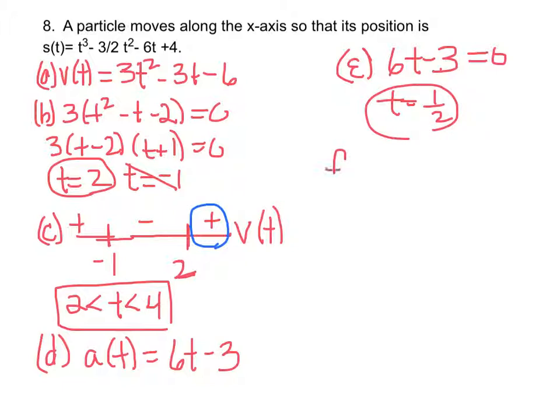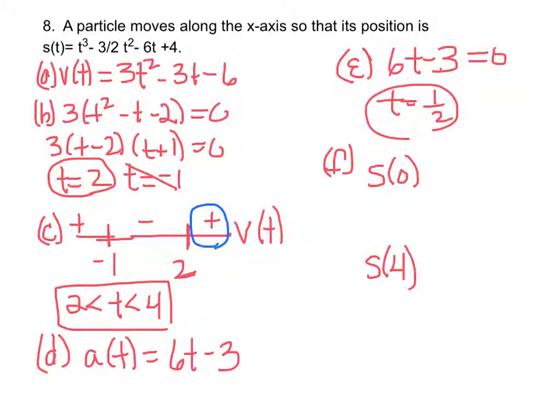And last but not least, part F wants the total distance traveled from time 0 to time 4. Now remember, I'm going to slow down here a little bit. Total distance traveled. You always look at the interval that they've given you, which in this case is time 0 and time 4, and we want to evaluate those times at the position equation. So I'm going to do s of 0, and I'm going to do s of 4. Notice I'm leaving a space in between.